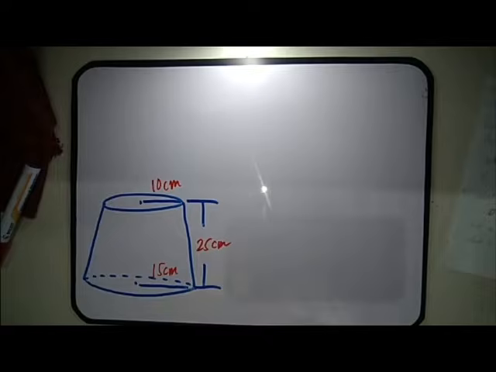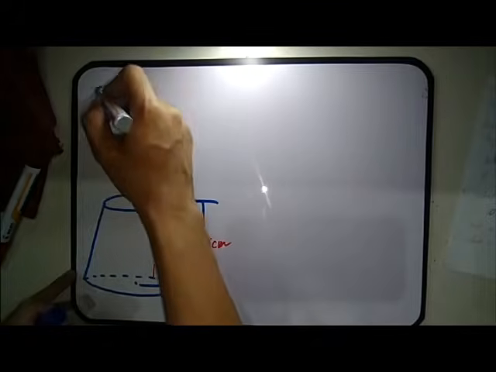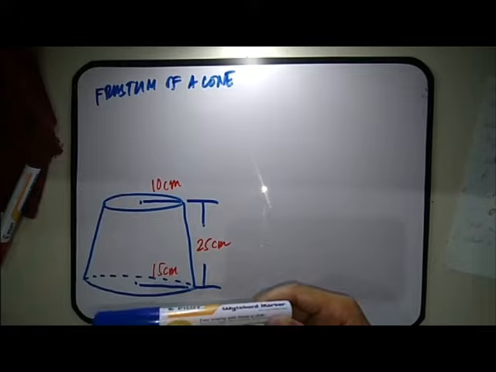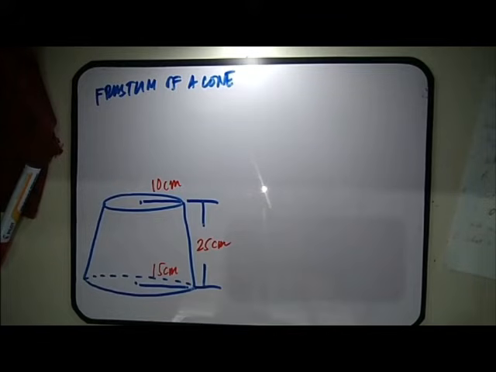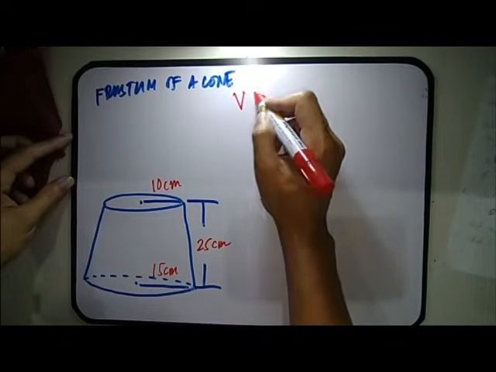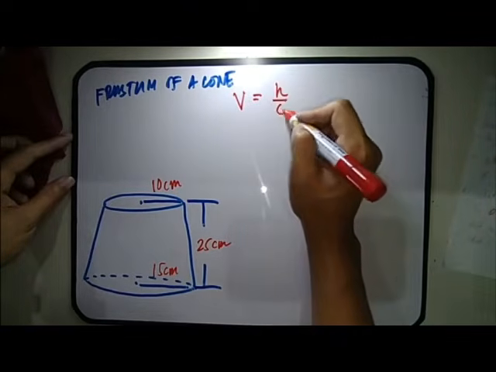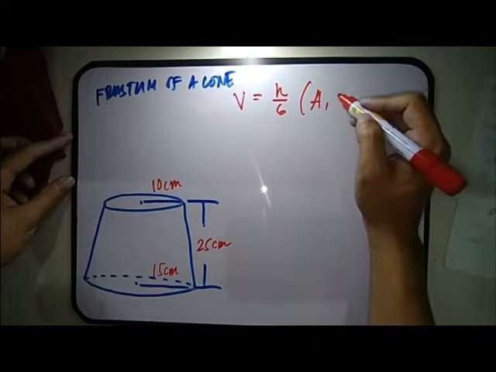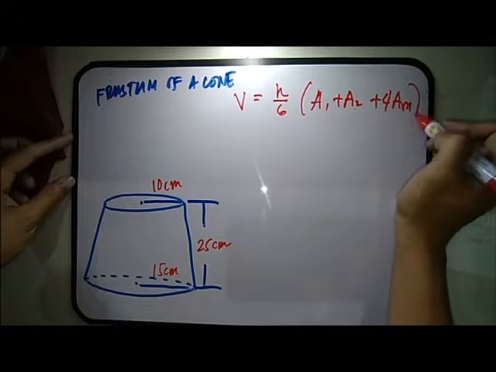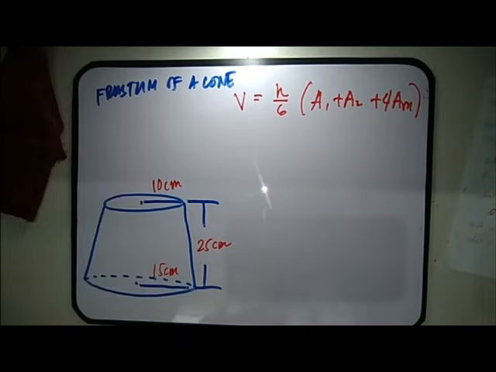So in this next problem, guys, we have what we call a frustum of a cone. So this is a frustum of a cone. It has two bases, the bottom and top base. So our volume is equal to, let's repeat the formula. Volume equals H over 6 times A1 plus A2 plus 4 times the mean area.